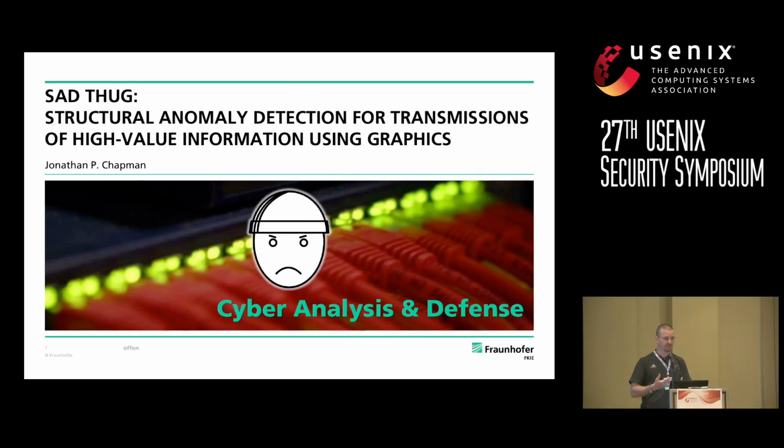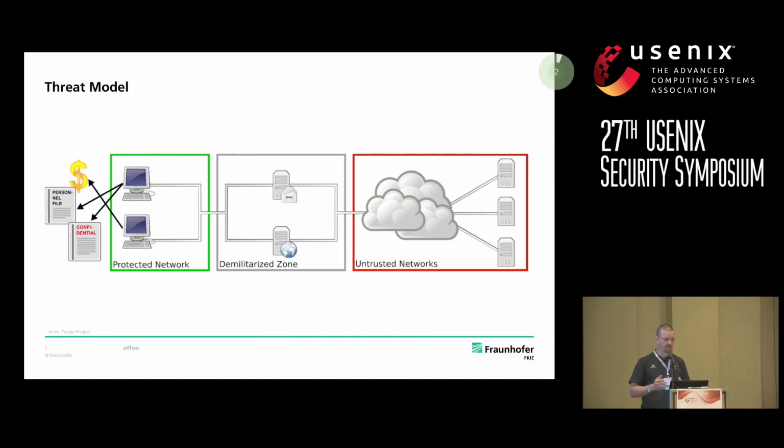So we started to design a scenario under which this detection made any sense, and we came up with something like this. A medium security facility where high value information is being worked on in a secure network, and the systems in such a network usually don't have direct internet access.